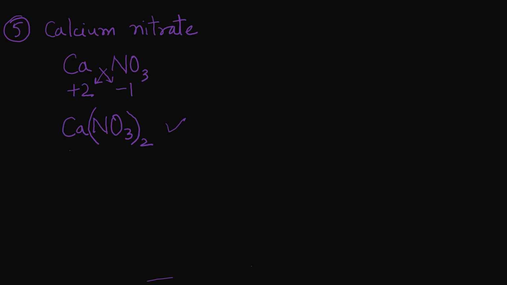So that is calcium nitrate. Another example we can consider is where we have only one of each. How about ammonium acetate? Find out ammonium. If you remember, the only positively charged polyatomic ion is ammonium.